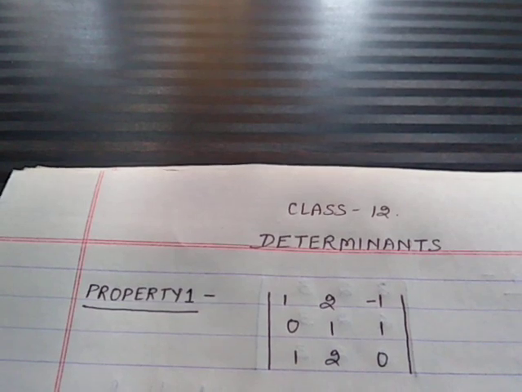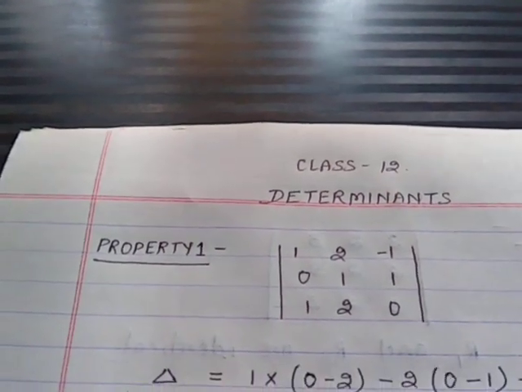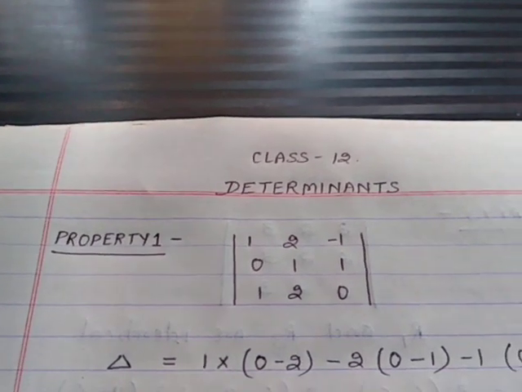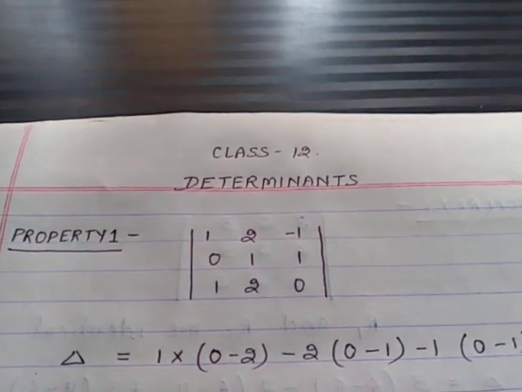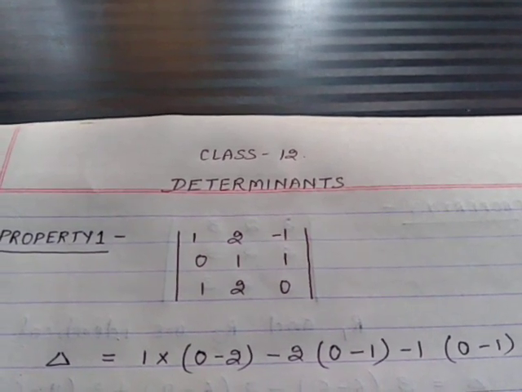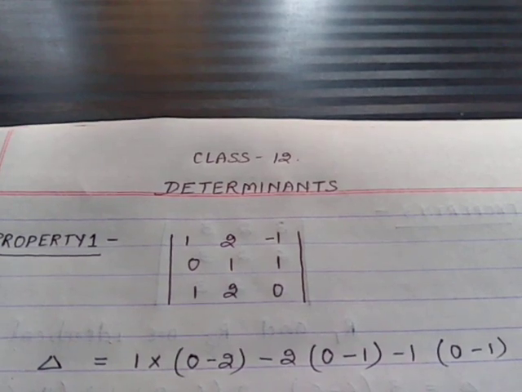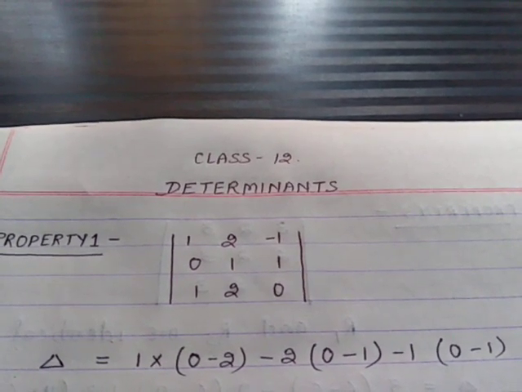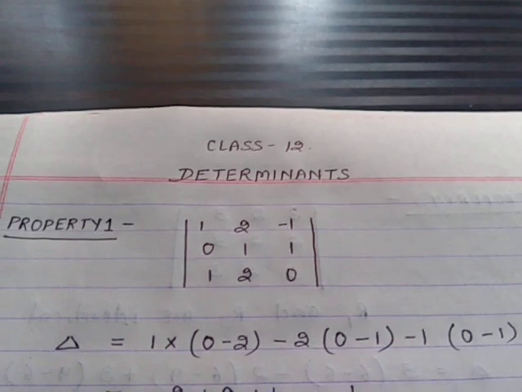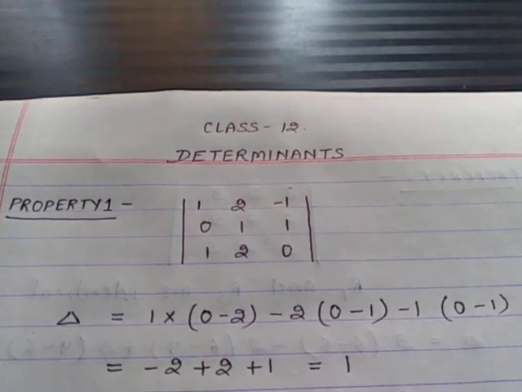Now if we expand it, you know how to expand the determinant, it is expanded along row R1. Then we will get the value of the determinant.